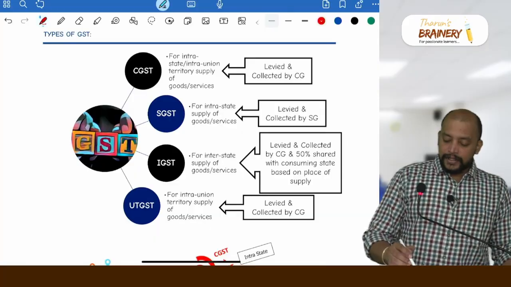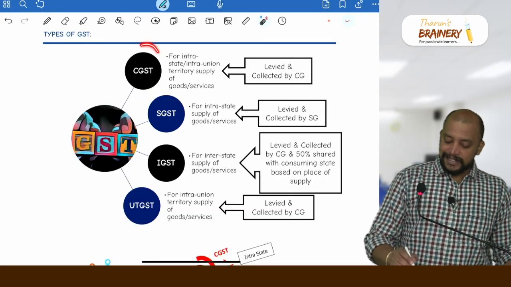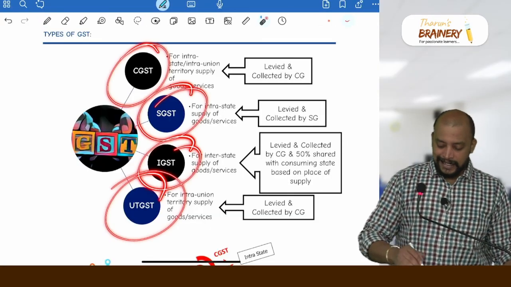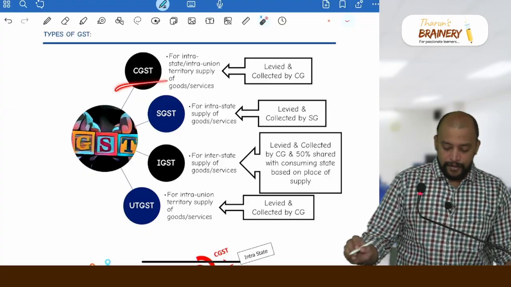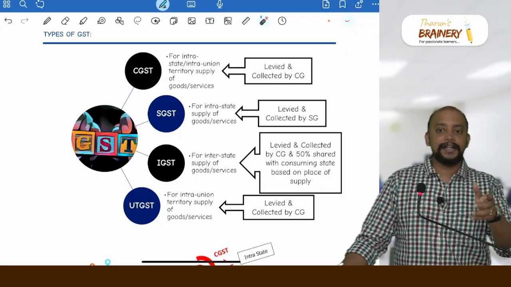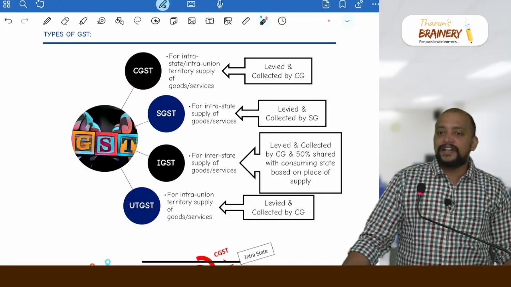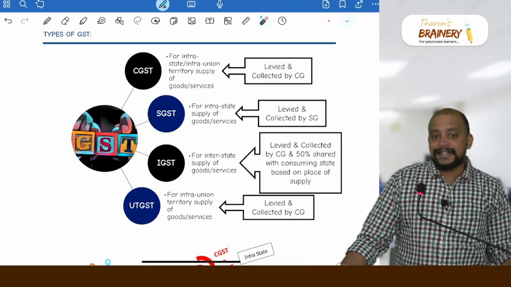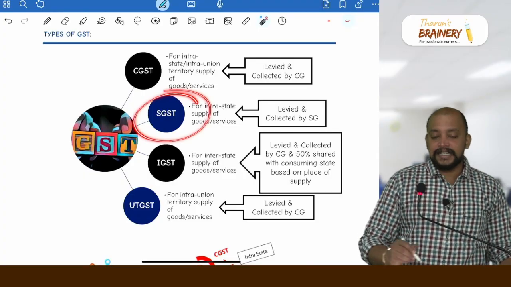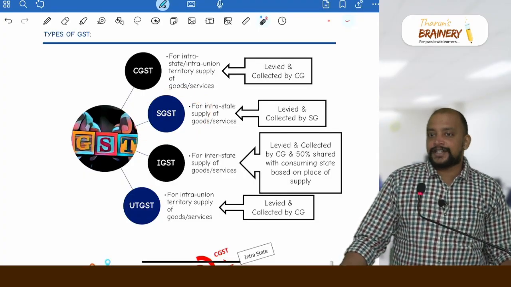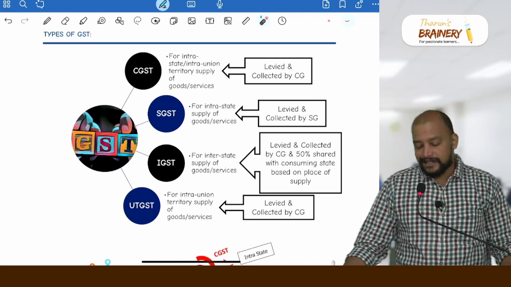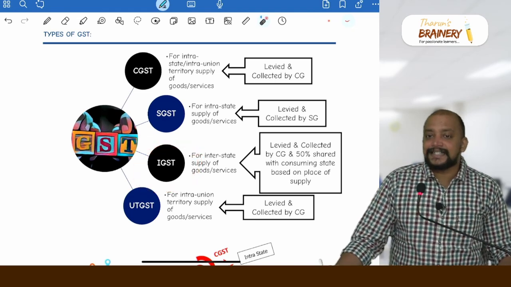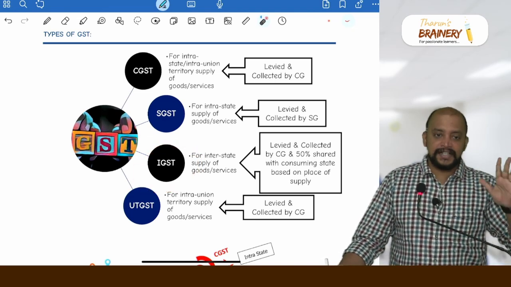So we have a total of these 4 types of GST: CGST, SGST, IGST and UTGST. What's the full form of CGST? Central Goods and Services Tax. Who will levy? Name itself is there. Central government. SGST, full form? State Goods and Services Tax. Who will levy? State government. IGST, Integrated Goods and Services Tax.